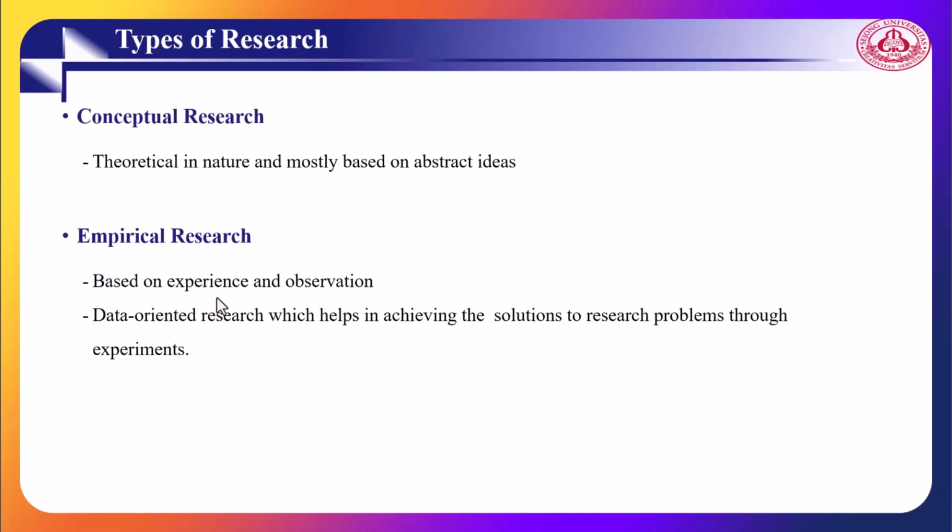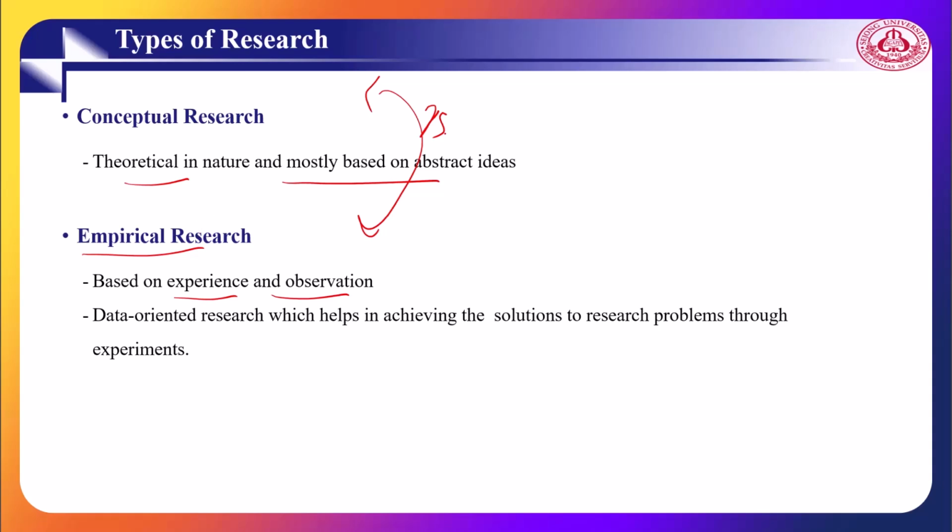Then we have conceptual research, theoretical in nature and mostly based on abstract ideas. Then we have empirical research based on experience and observation. If you want to know the difference between these two, the main difference is that conceptual research involves abstract ideas and concepts.